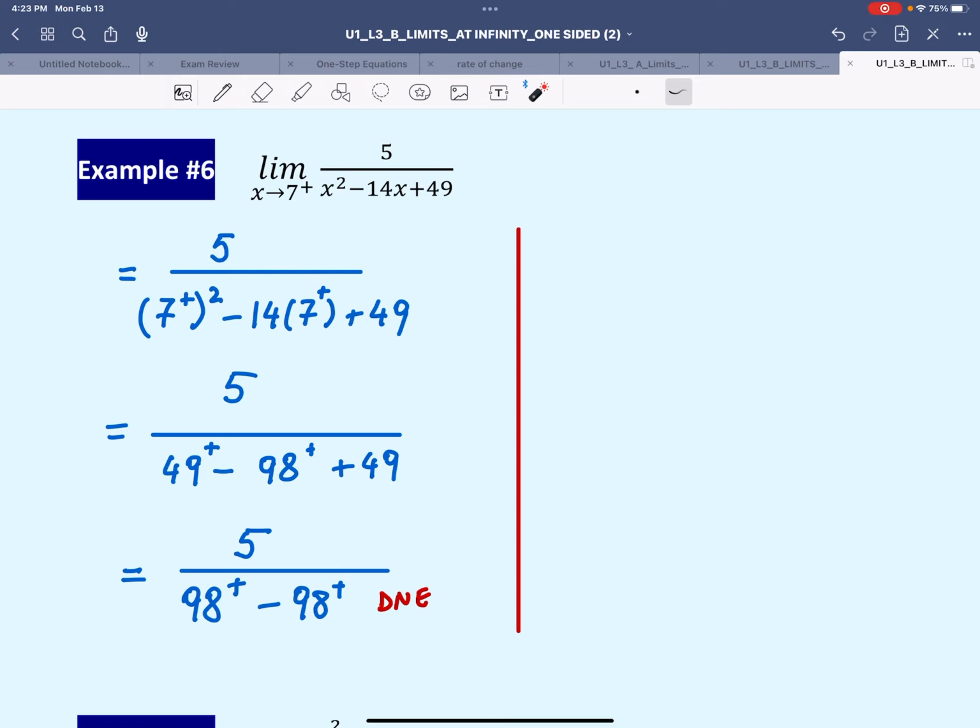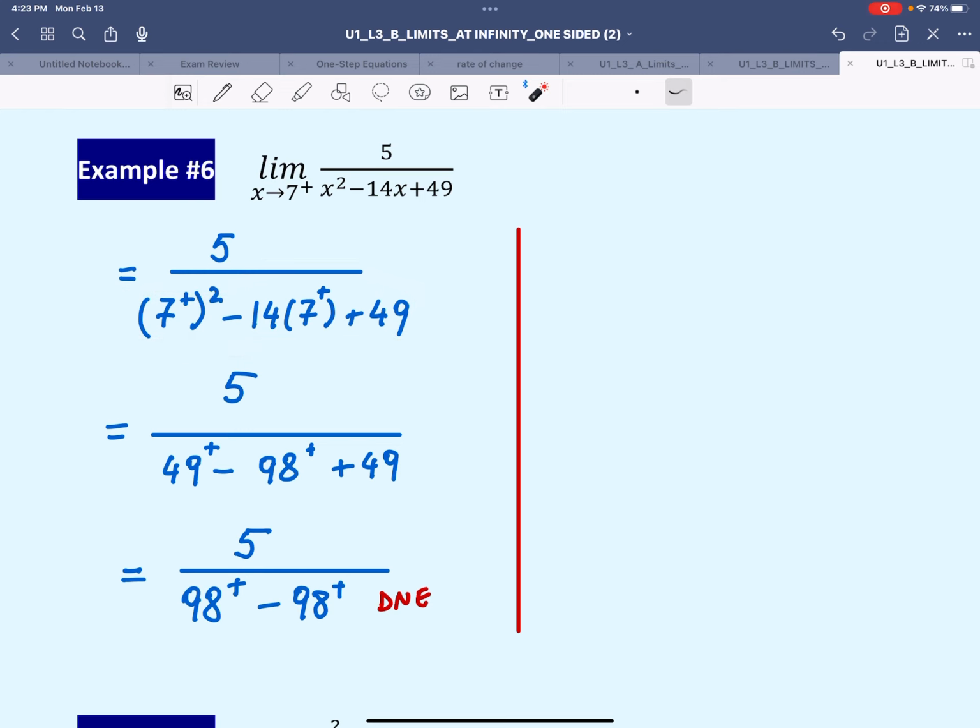What brought in the two one-sided numbers? The substitution of 7 in two spots, because x was present in two different terms in the denominator. That makes us think: can I change this expression in such a way that I won't have these two together in one expression in the denominator?